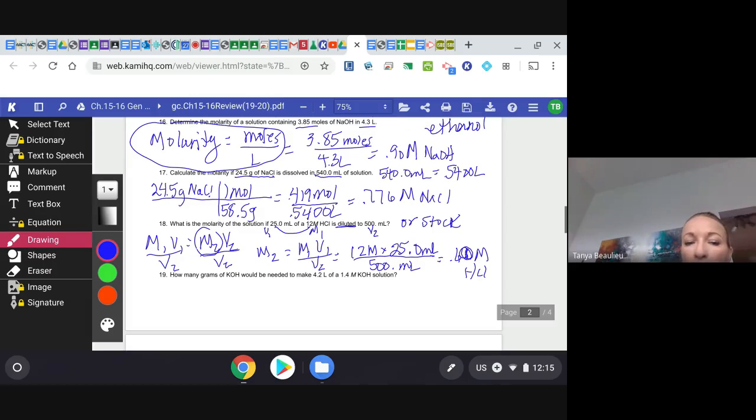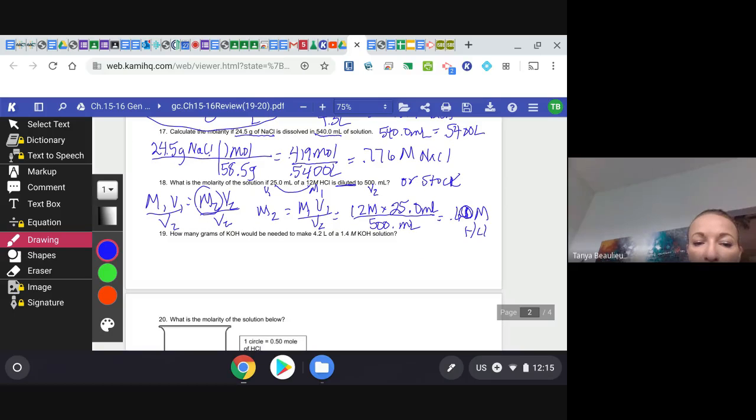19, how many grams of potassium hydroxide would be needed to make 4.2 liters of a 1.4 molar potassium hydroxide solution? In order to do this problem, we have to know moles. And the way we find moles is by taking your molarity times your volume in liters.